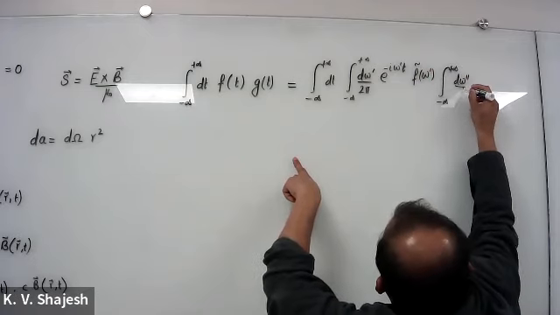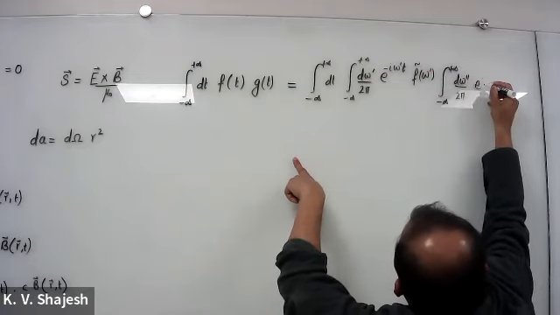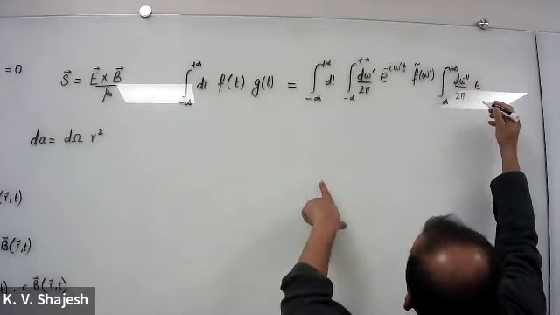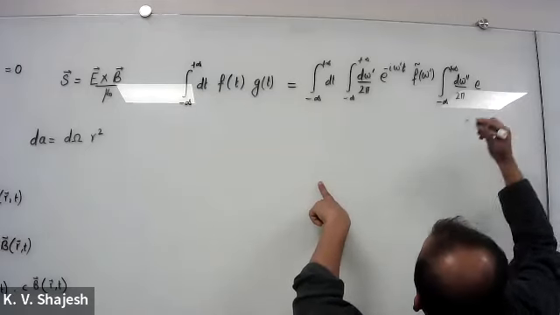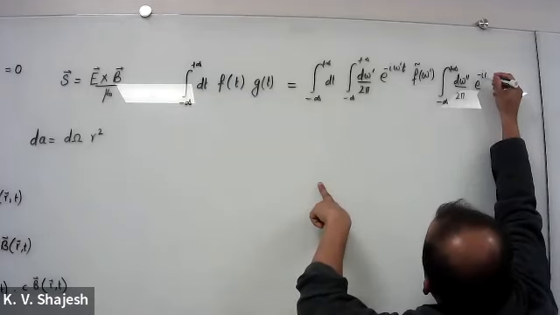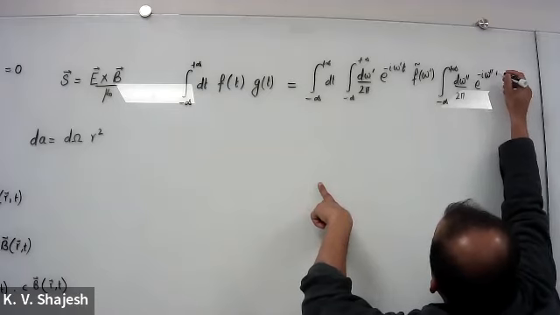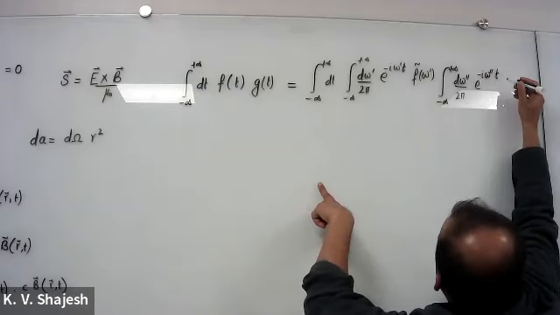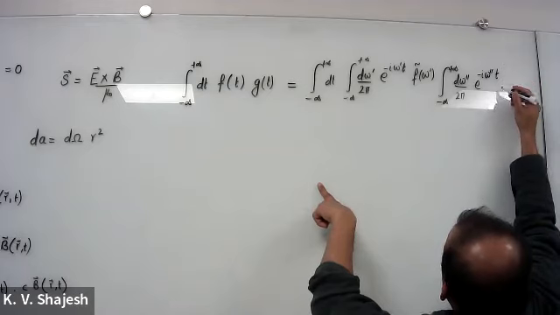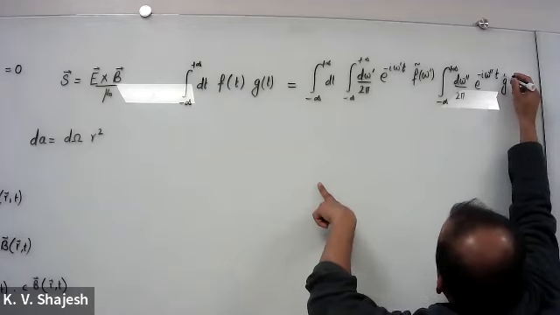And the second Fourier transform is the integral d omega double prime over 2 pi, e to the minus i omega double prime t, times g tilde of omega double prime.